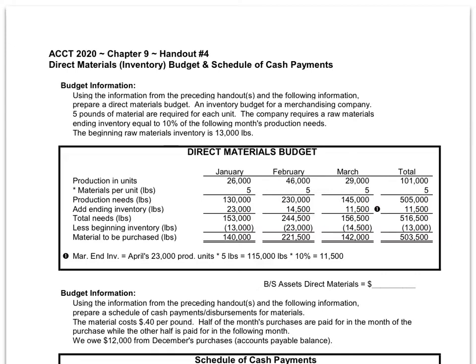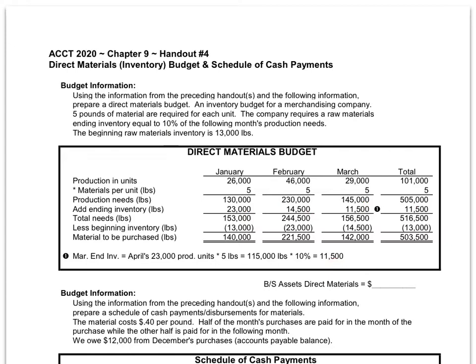Now, how did we get our 10% of April? We need to get 10% of April's needs. From the production budget, we showed that April needed to produce 23,000 units, times 5 pounds means 115,000 pounds, times 10%.